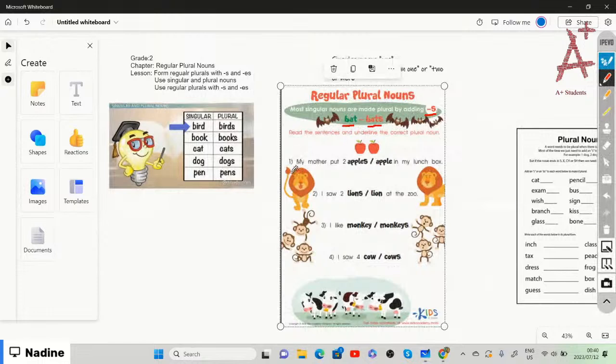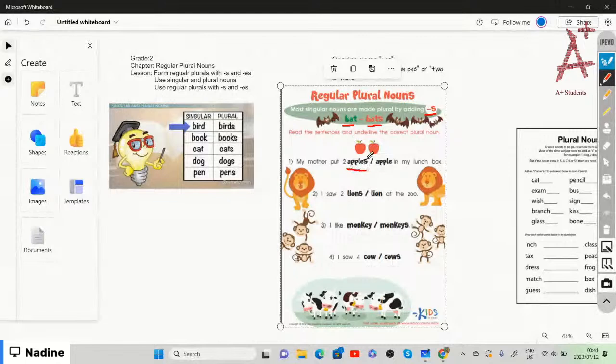So the first one says, my mother put two, is it apples or apple, in my lunchbox. So my mother put two apple or apples or apple in my lunchbox. All right, so two, then we say apples.